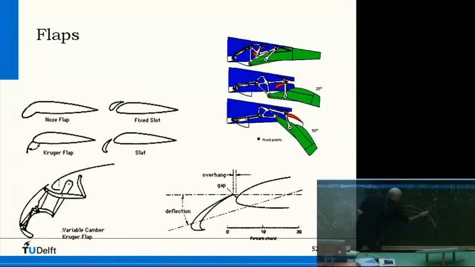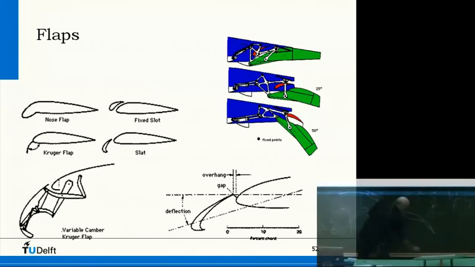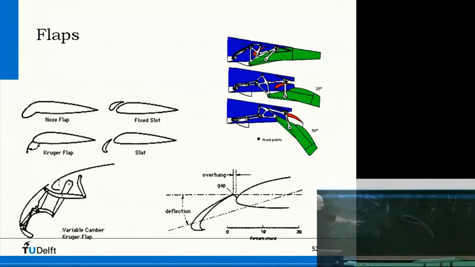Here we have a slot and here we have a slot. There was one remark to be made. If you have a curvature like this, then the pressure distribution is such that you have a high velocity here and an adverse pressure gradient here. So the pressure goes up, and the negative Cp goes down.